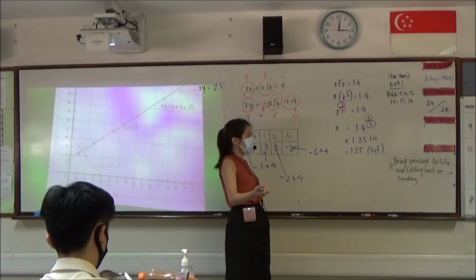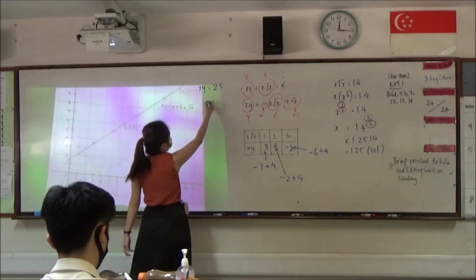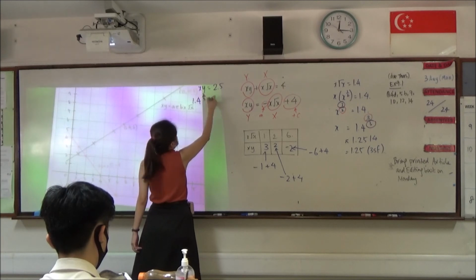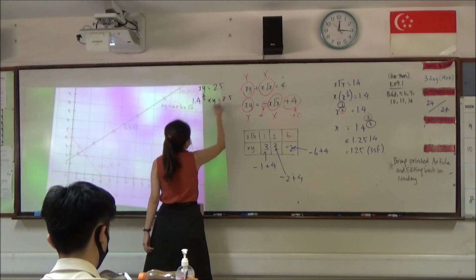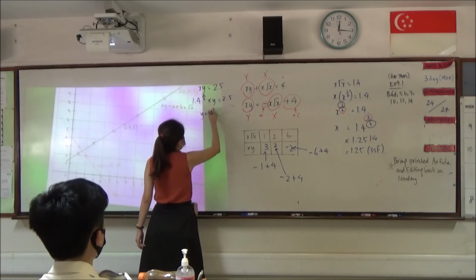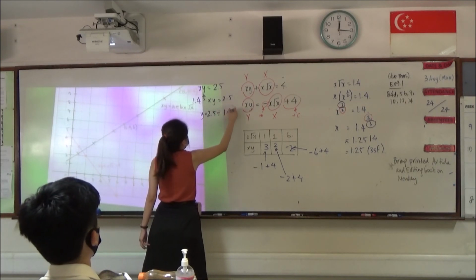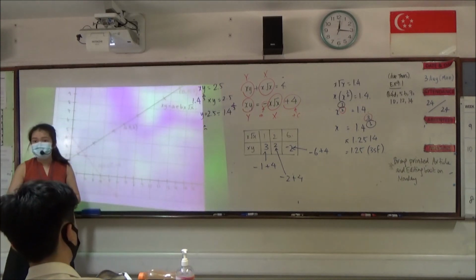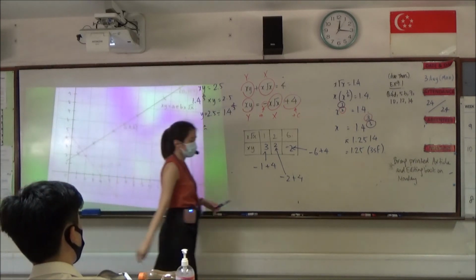Of course you must also know how to solve. So to find that, I can put 1.4 power 2 over 3 times y equals 2.5. So y equals 2.5 divided by 1.4 to the power 2 over 3. Then I can solve for the small y. Any questions?